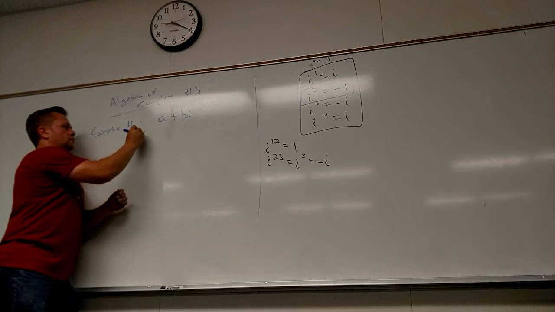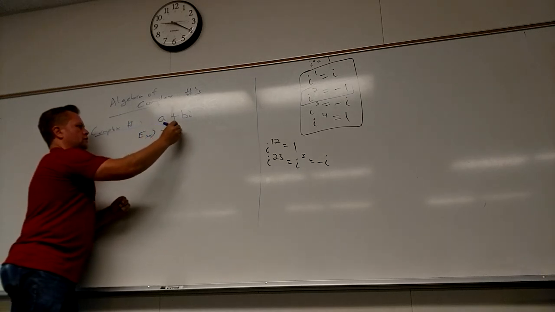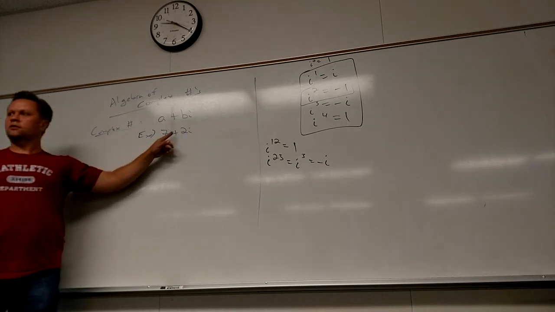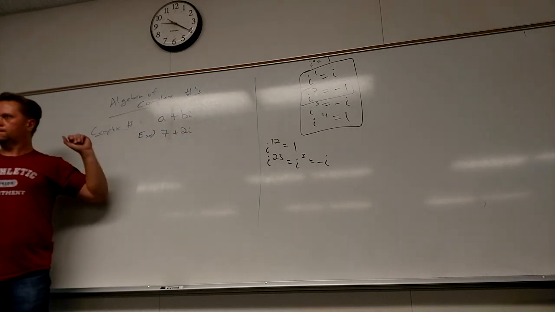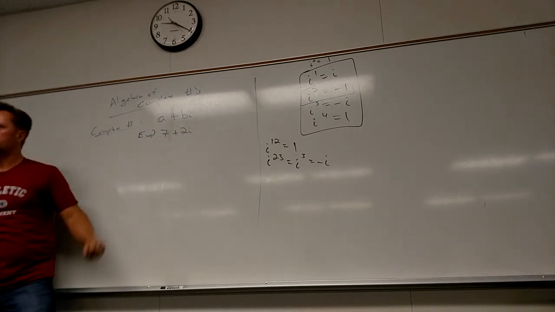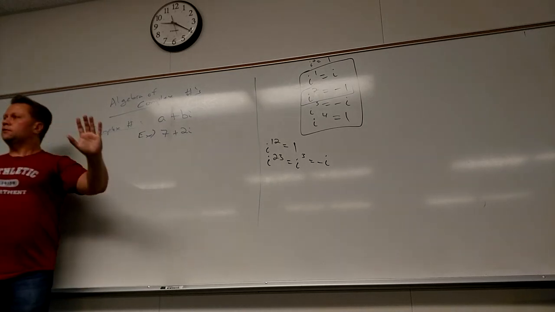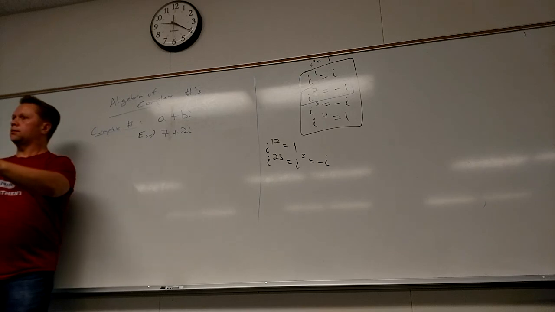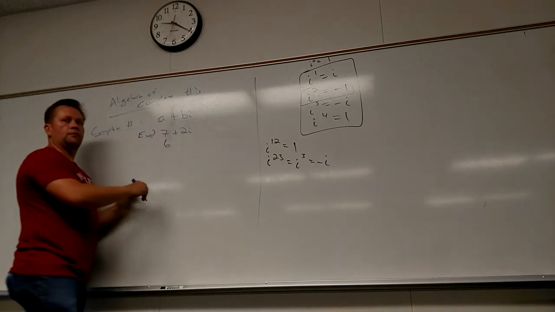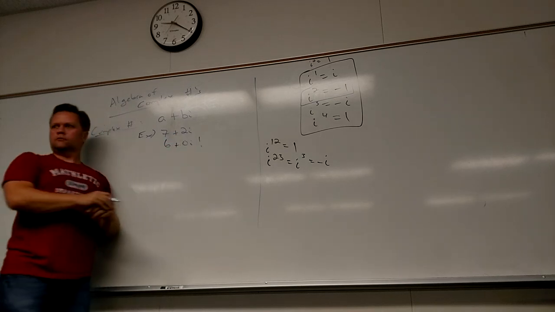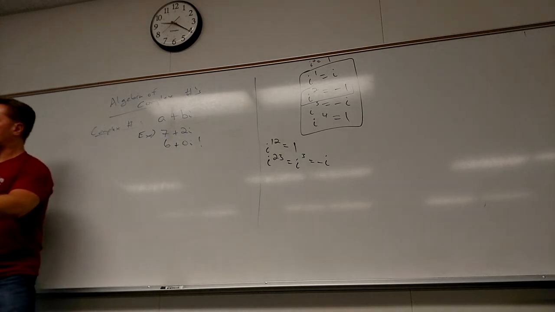So for example, 7 plus 2i is a complex number. It's an imaginary number combined with a real number. Everything we've ever seen before is a complex number, like the number 6 is complex because it's 6 plus 0i. It's just that the imaginary part has a 0 coefficient.